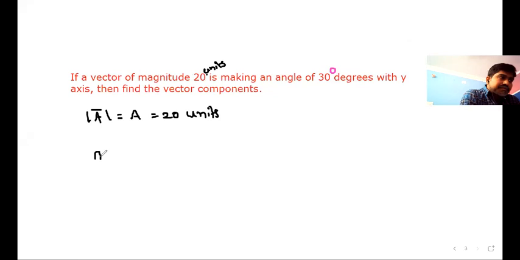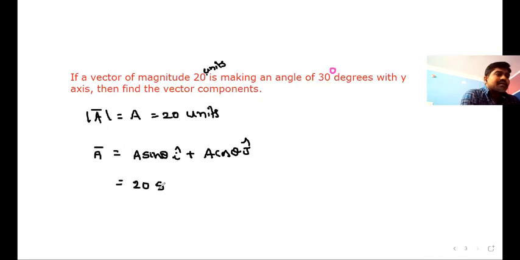If the angle is made with the y-axis, then the y component is the cos theta component. So that means A cos theta into j cap, plus the x component is the sin theta component, A sin theta into i cap. So what is given? A is 20, theta is 30 degrees.